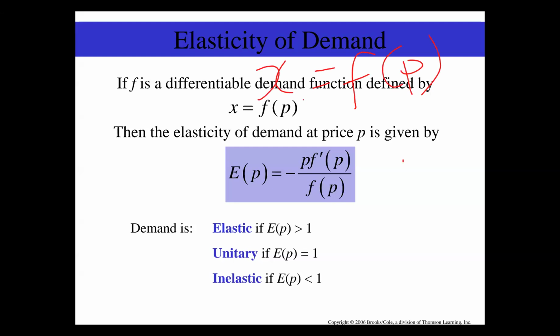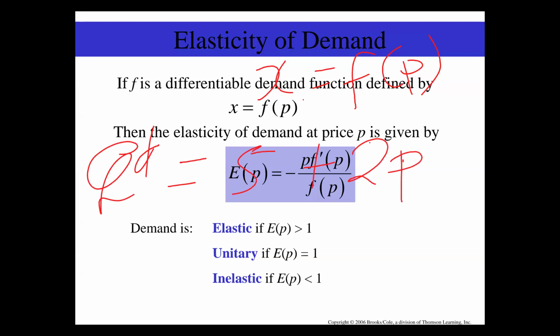I repeat, if you have a demand function, let's say the quantity demanded is equal to 5 plus 2p, where p is the price. These are linear functions. They are not non-linear functions like quadratic ones.